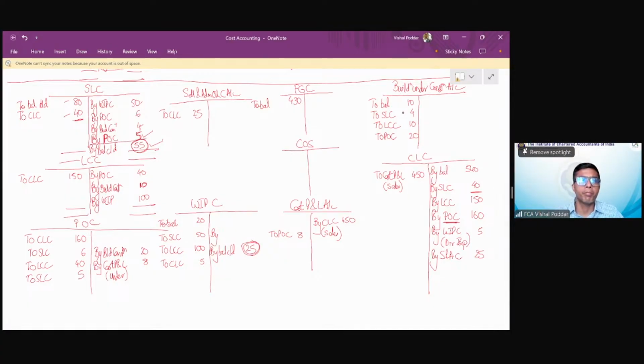So, by production overheads control account, this is the balancing figure. Please understand this. This amount is not given in the sum. This is my balancing figure representing the loss. But they want me not to transfer it to P&L. Hence, I'm going according to their instruction. I have posted it in my production overheads. So this account is closed. Fine, students.